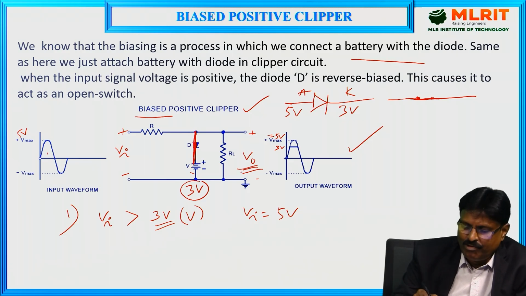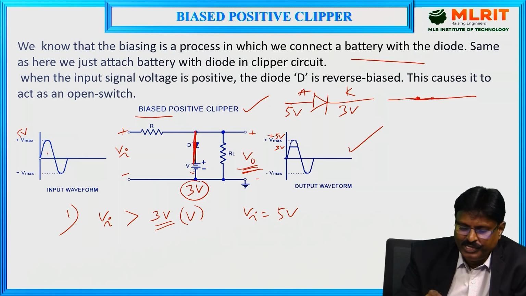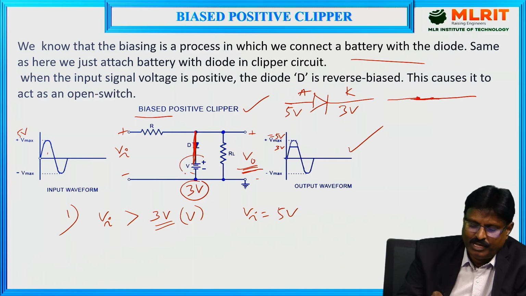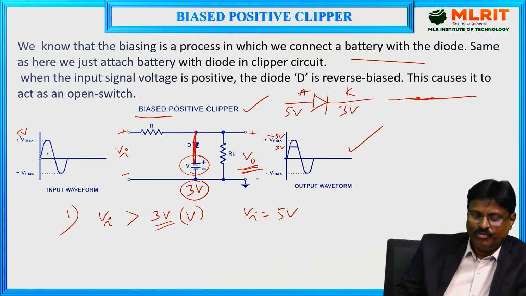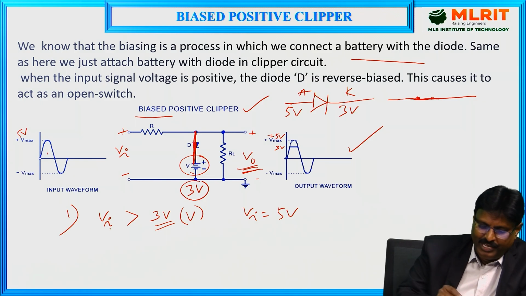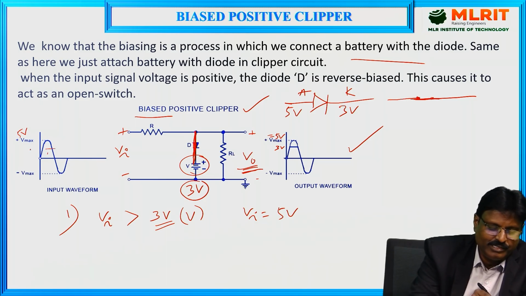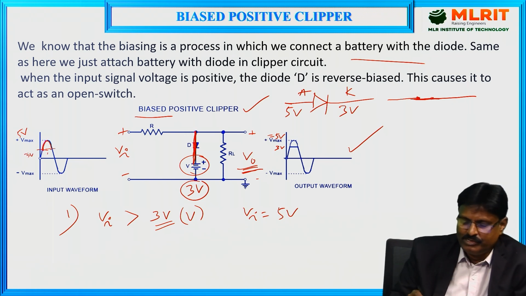And what will be the output voltage here? The output voltage is connected across this particular arm. So what is the arm voltage here? That is 3 volts. Whenever Vin is greater than 3 volts, let us take this 3 volts here as the reference voltage.